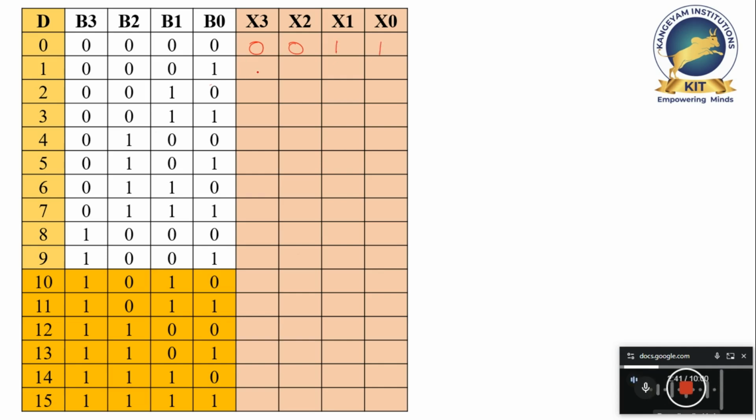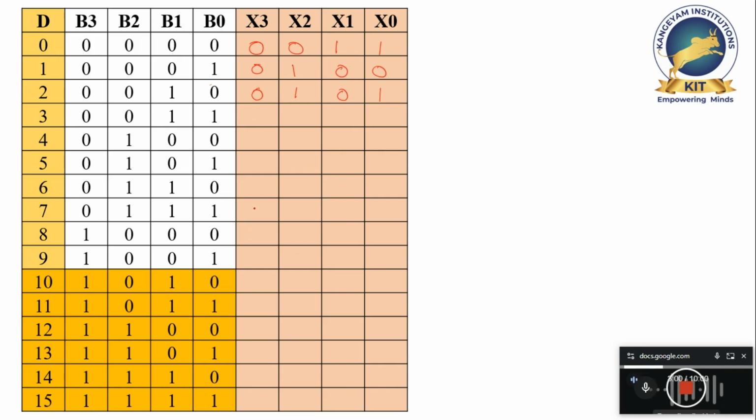Okay, 0 0 0 1 means 0 1 0 0, right? 0 0 1 0, which is 2, can be represented as 0 1 0 1, right? 2 plus 3 is 5. Okay, so likewise we have to do it.